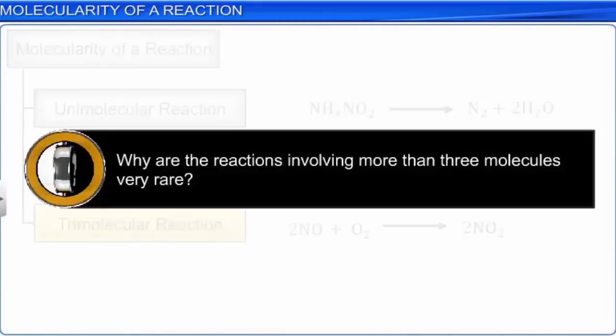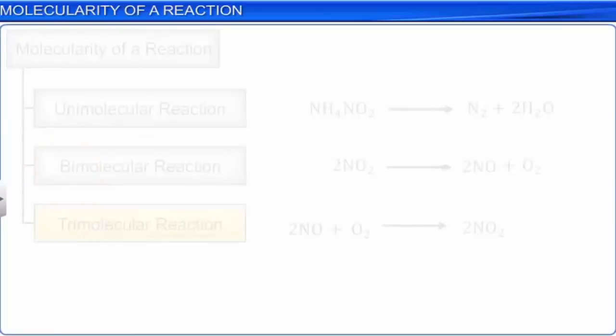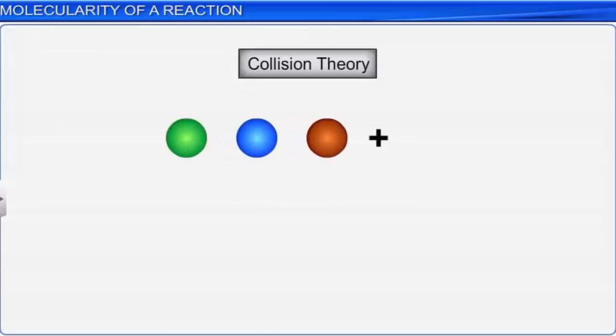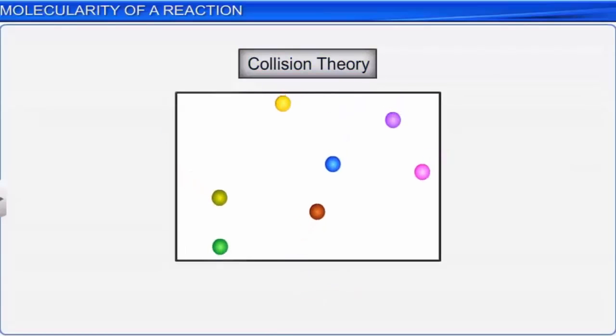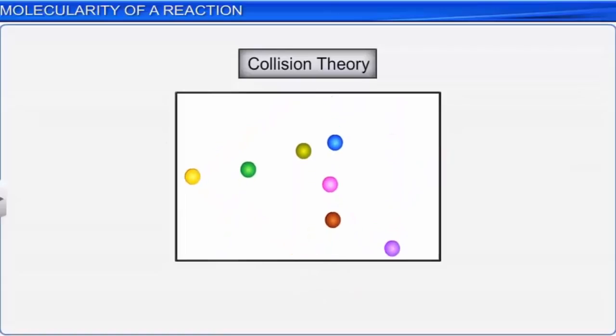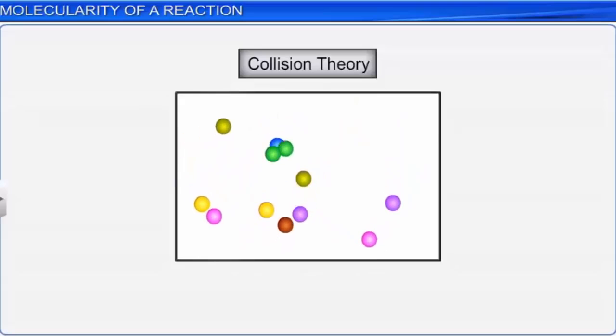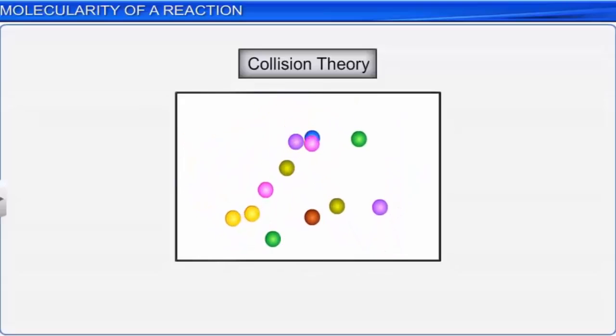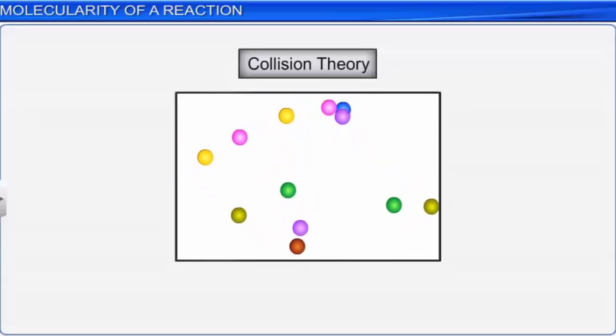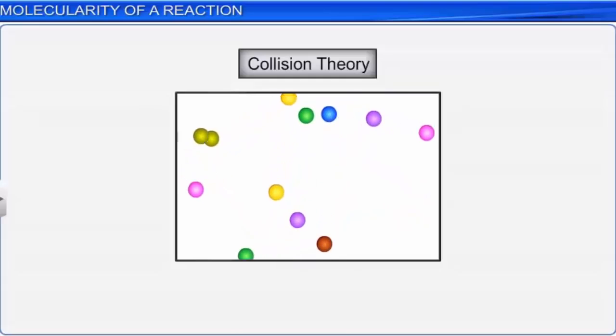Why are the reactions involving more than three molecules very rare? Now let us understand how the collision theory explains the reactions which involve more than three molecules. Collision theory states that as the number of reacting species or molecules increases, the probability of simultaneous collision of reacting molecules decreases.